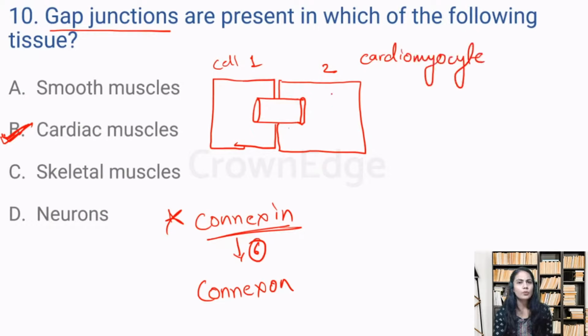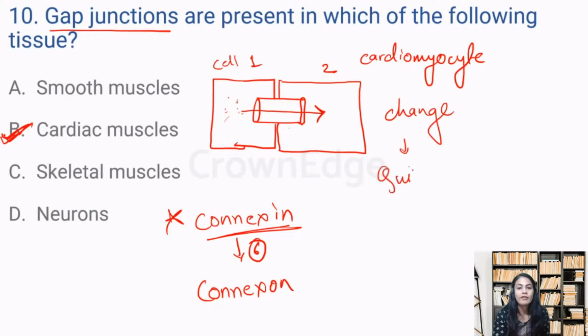Whenever you stimulate one cell, whatever ionic changes happen in the cell can directly go into the other cell without entering the outside environment. That's why the response will be quicker, very rapid.